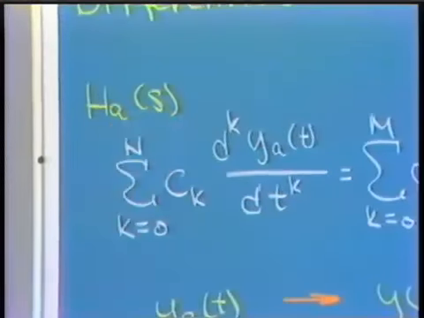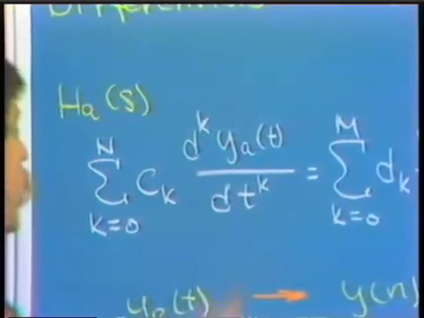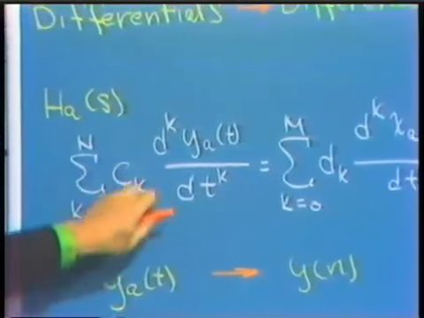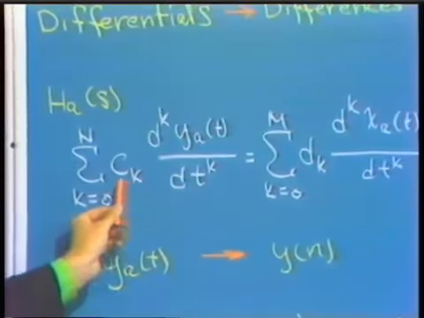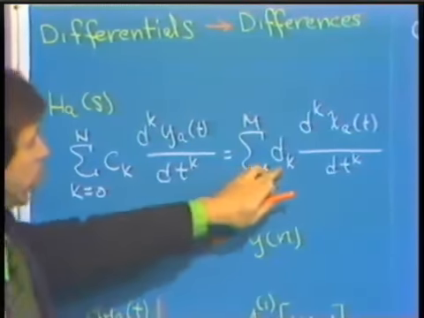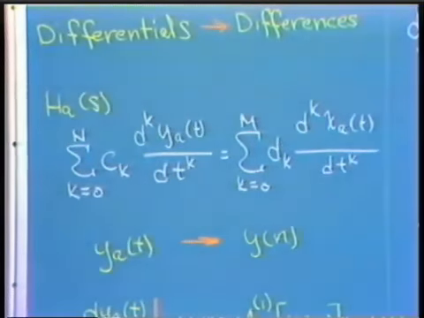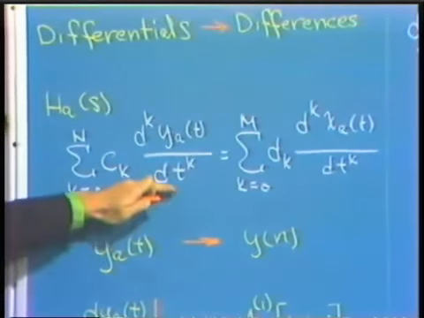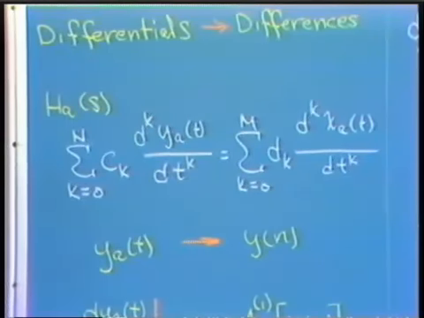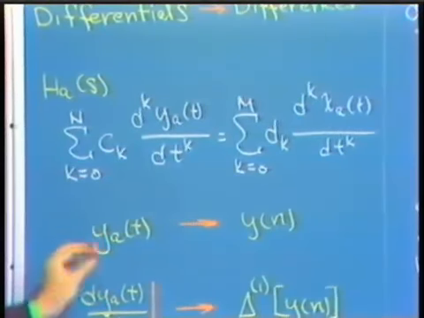Here we have an analog system function, h sub a of s, and the corresponding differential equation the filter is described by is a linear combination of derivatives of the output equal to a linear combination of derivatives of the input.